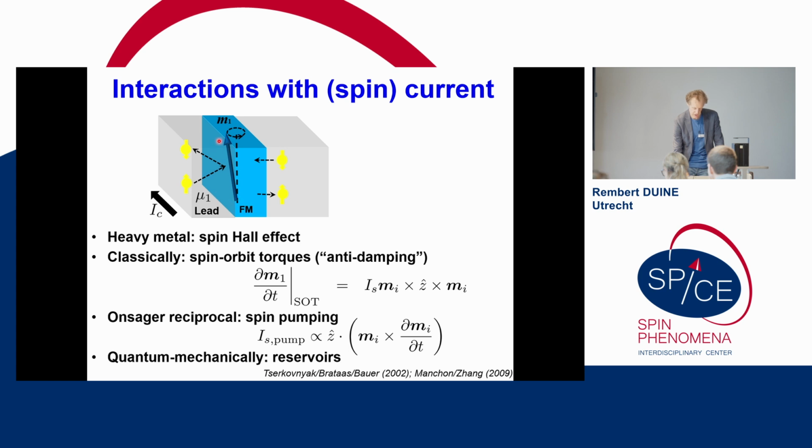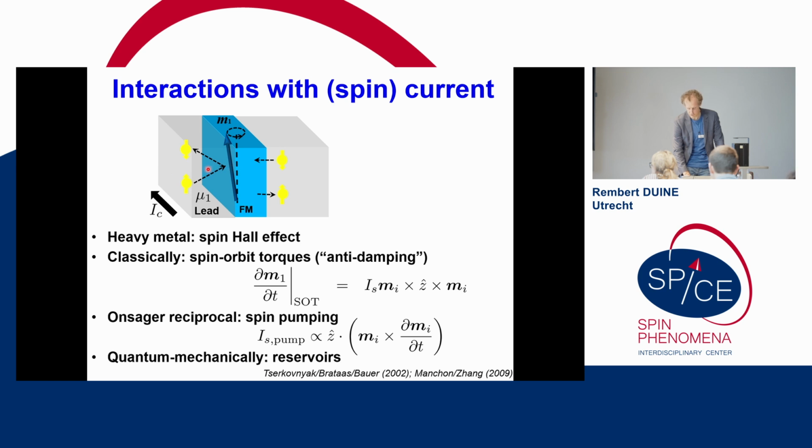So if I look at this single domain magnet, focusing on this left non-magnetic layer, if I place a heavy metal layer on top of it and I run a current tangential to the interface, then since it's a heavy metal, there will be a large spin-orbit coupling leading to a spin Hall effect, which leads to a transverse spin current, flowing in this direction.